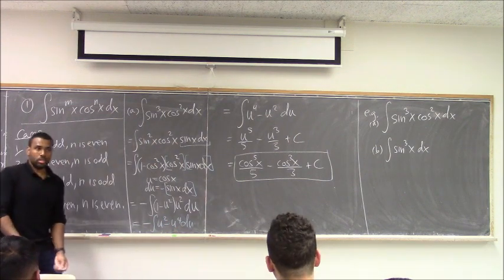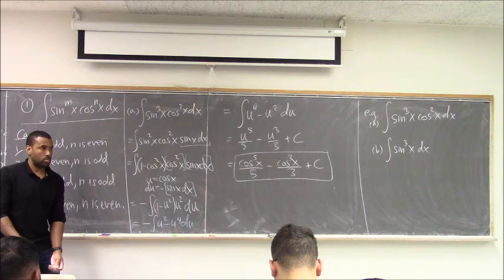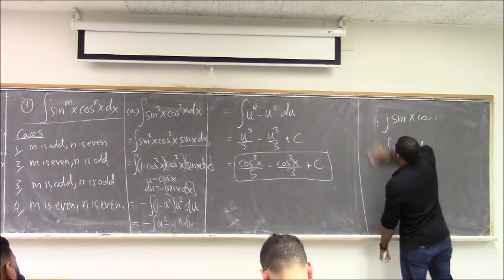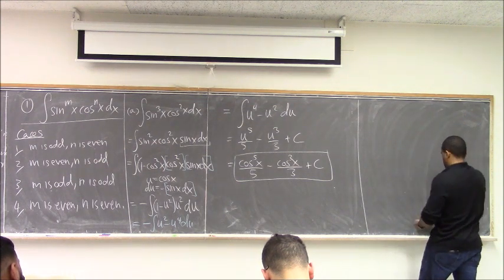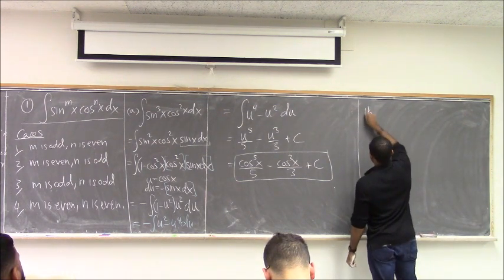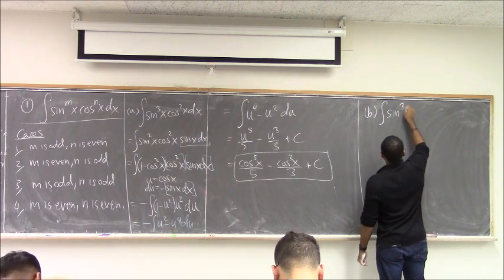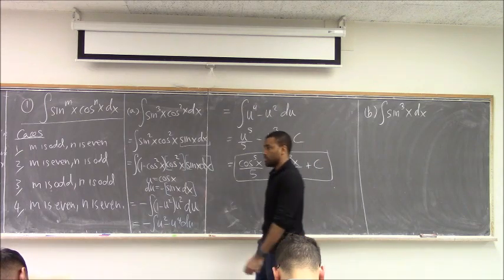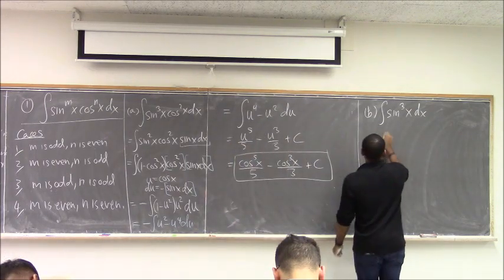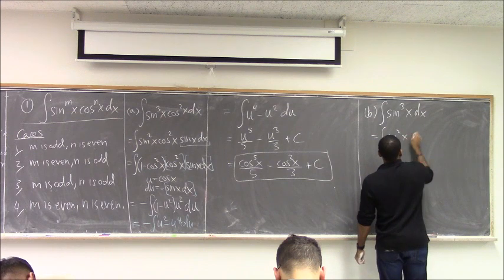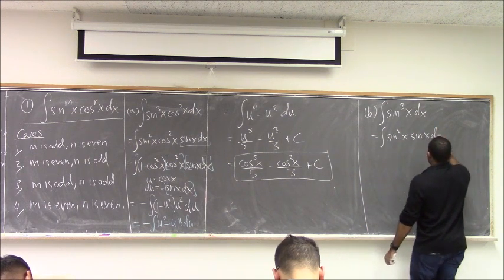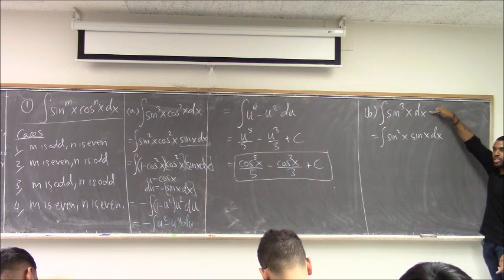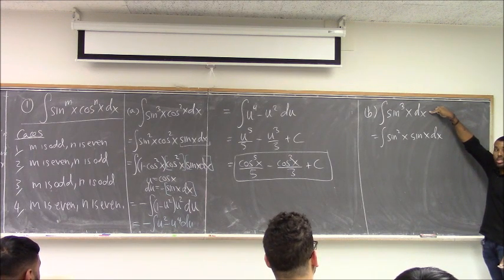Other questions? What's going to happen to sine cubed? You do the same thing, drop one off on the side. By the way, you could appreciate here that the power of cosine in this integral is 0, which is even.